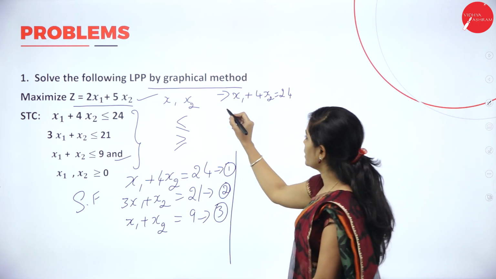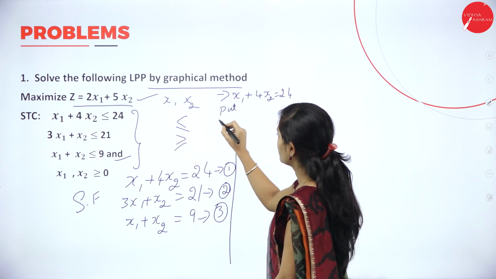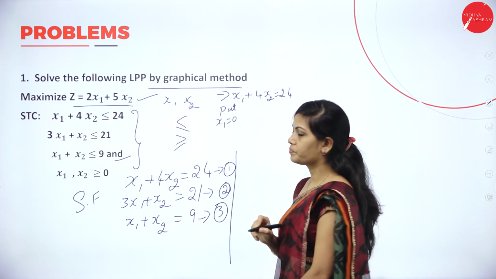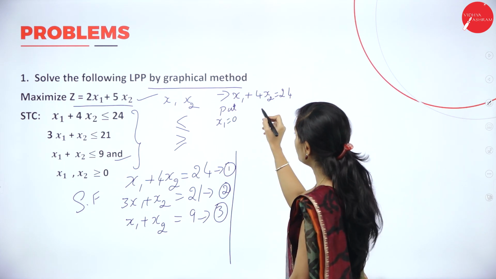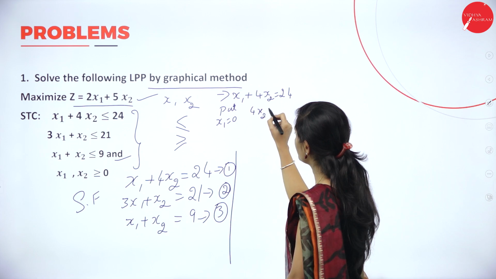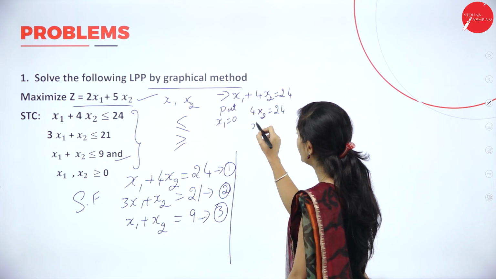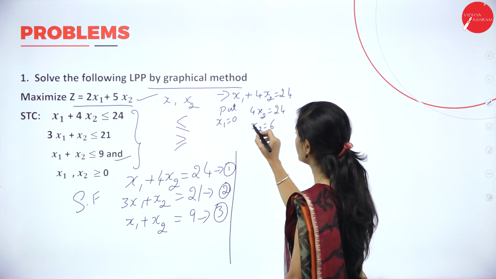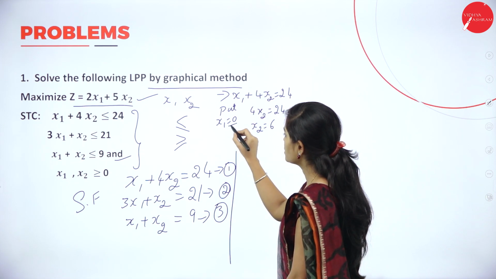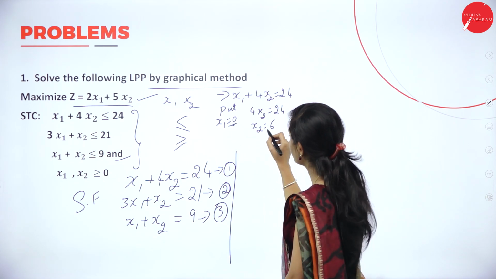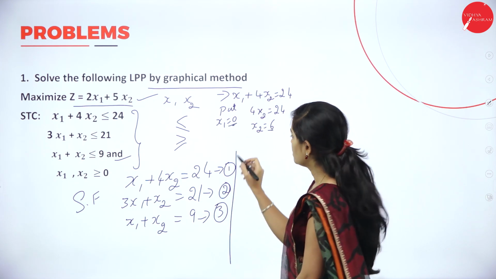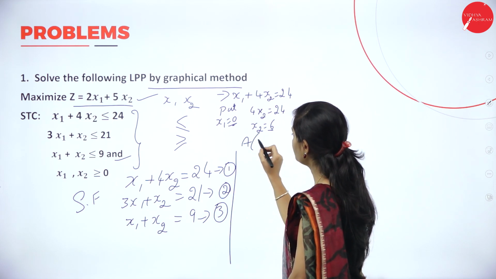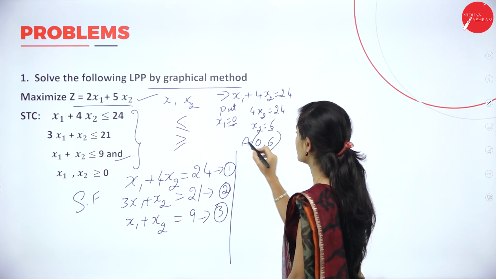Put x1 is equal to 0. If x1 is equal to 0, 4x2 is equal to 24, so x2 is equal to 6. So the first point is 0 comma 6, A of 0 comma 6.